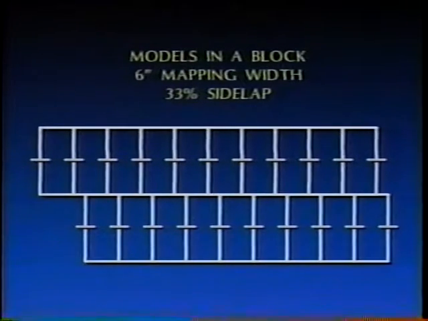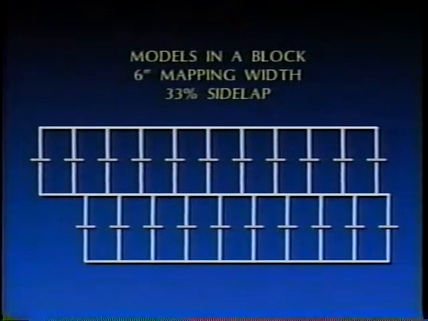To calculate the photo distance between flight lines, subtract the side lap percentage from 100% and multiply by 9, the photo size. For example, 25% side lap: 100% minus 25% equals 0.75 times 9 inches equals 6.75 inches between flight lines.